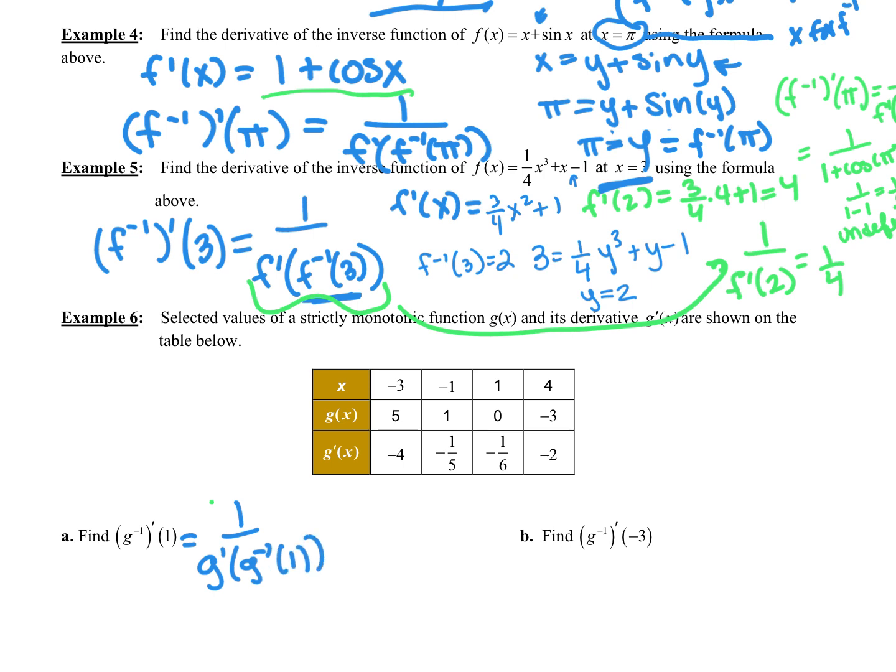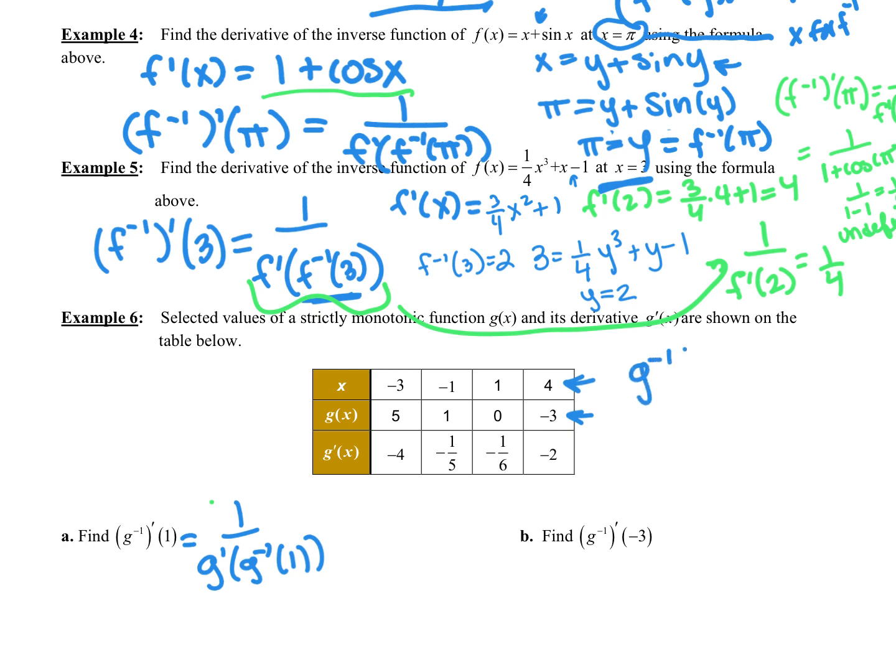Now we just get to use our table to find these values. So remember, if these are the x values for g, then these are now y values for g inverse, right? So they'll switch inputs and outputs, right? So these are the y values for g, and these are the x values for g. So for g inverse, they have switched, right?